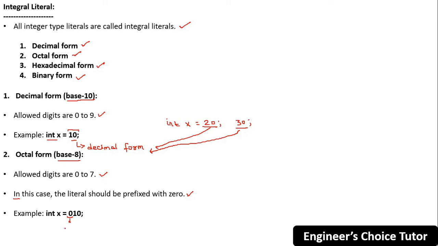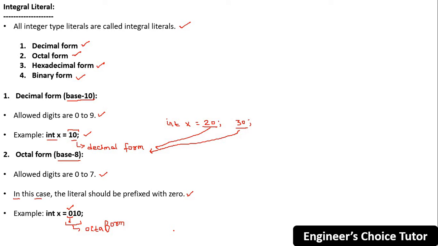I have added a 0 before 10. It means now this is in octal form. So how can you make this 10 octal? Simply by prefixing it with 0. Now it is in octal form. So in this case, the literal should be prefixed with 0.